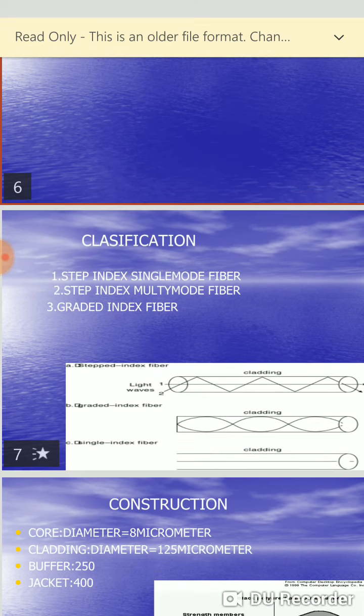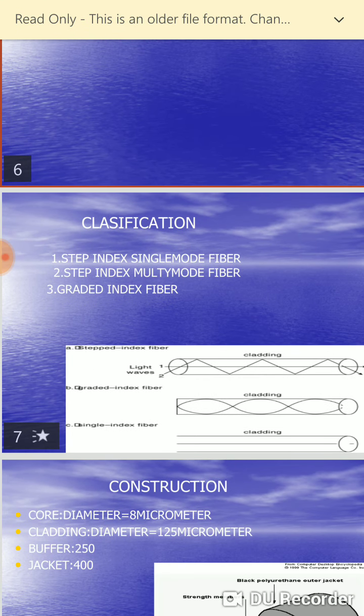In step index fiber, the refractive index of the core is constant, and in graded index fiber the refractive index of the core is not constant; it varies throughout the core. That is the difference between step index fiber and graded index fiber. In the diagram, the propagation of light through step index fiber and graded index fiber is shown.